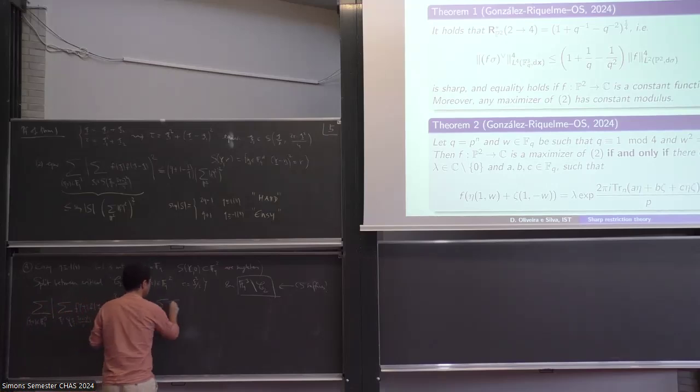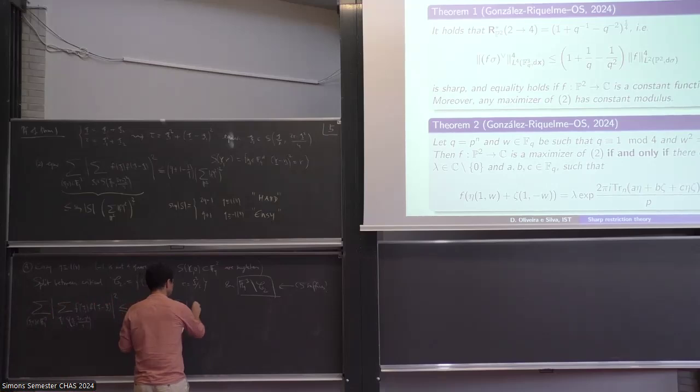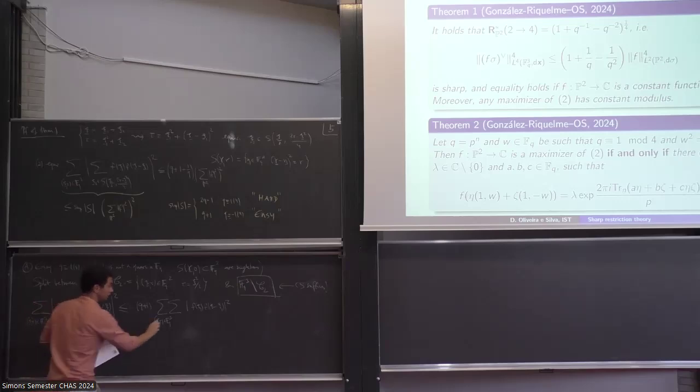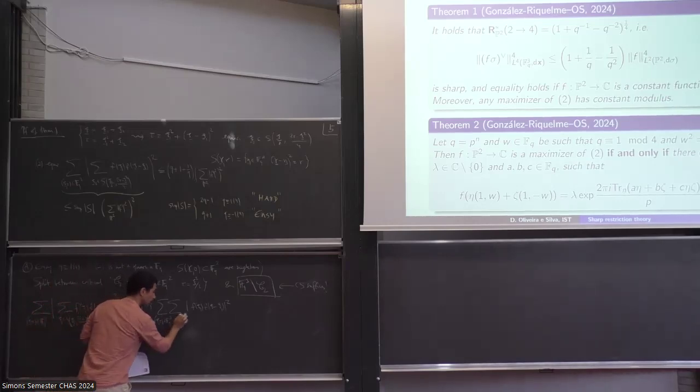Okay, so after Cauchy-Schwarz, the square comes in inside the second sum, and I just have F(C1) and C minus C1 squared. And the sum should be over C, tau in the complement of the critical set, but I'm actually going to add the contribution of the critical set, and then I'm going to subtract it later on.